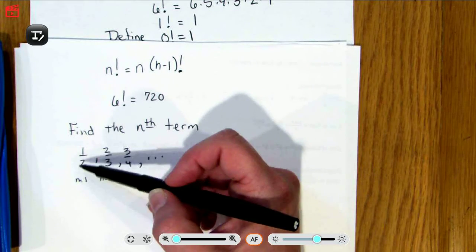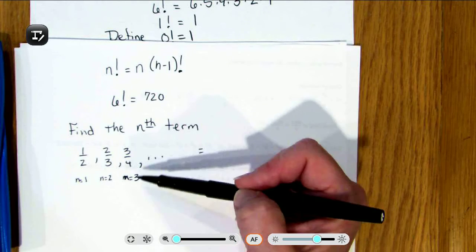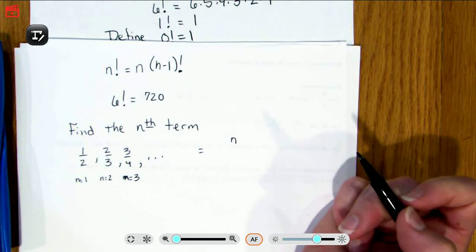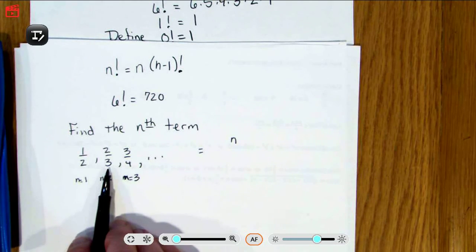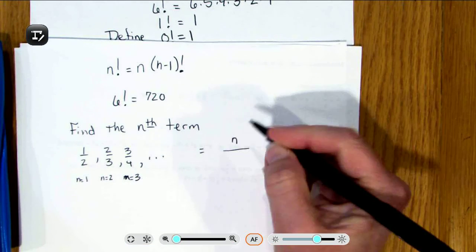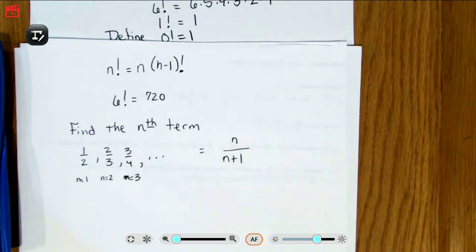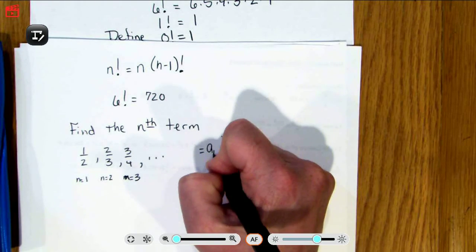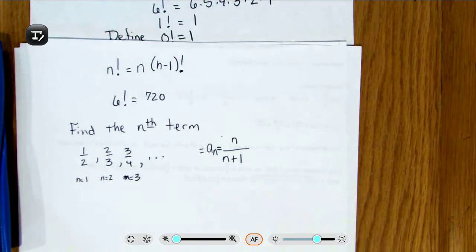So I try to look for patterns. Like I notice at the top is exactly that n value. So my numerator I can write as just n. The next thing I notice is my bottom is one more. So if I want one more than n, that would be n plus 1. So my nth term, if I wanted to write a sub n, is n over n plus 1.